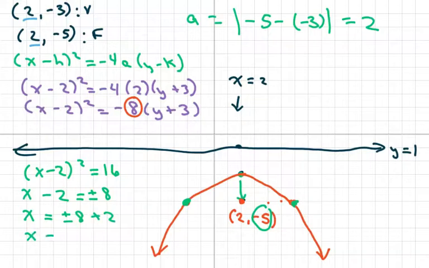So x is going to equal 10, and x is going to equal, let's see, 6. Sorry, this is going to be negative 10. Not negative 10, but negative 2. This is supposed to be a 4, so that's where I messed up.